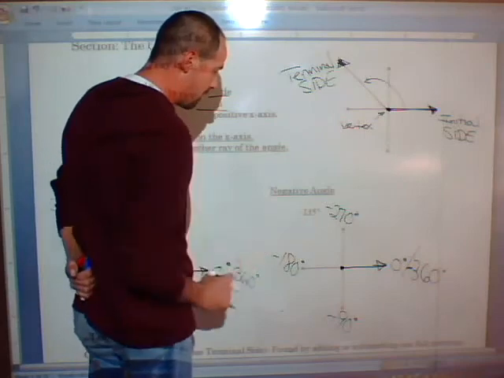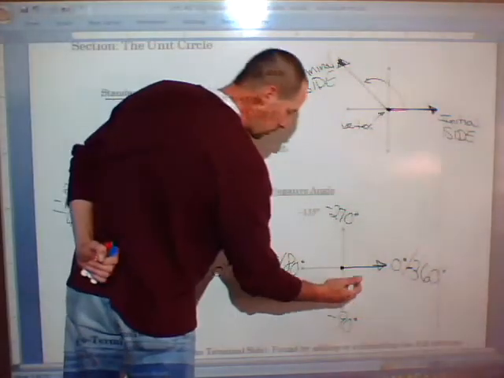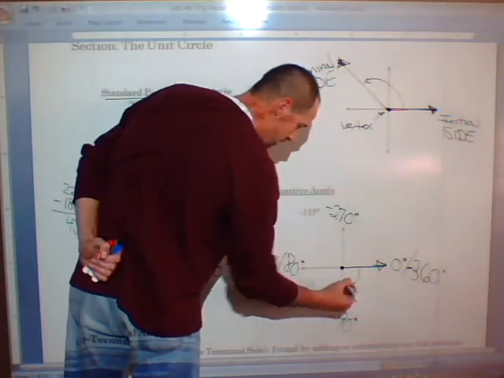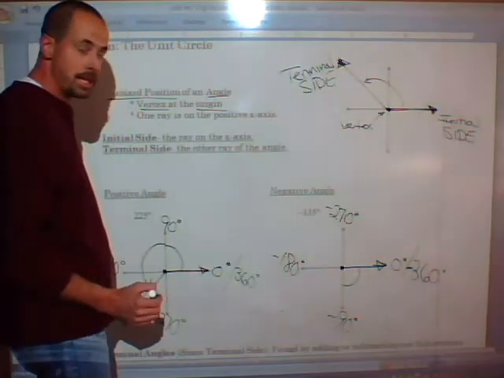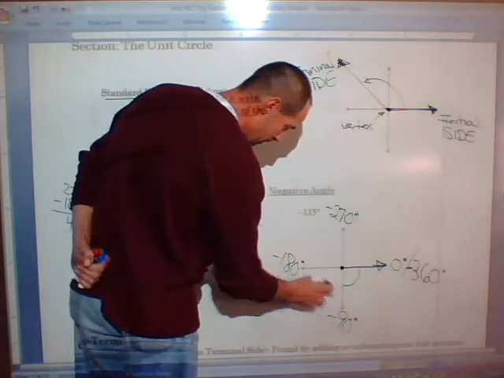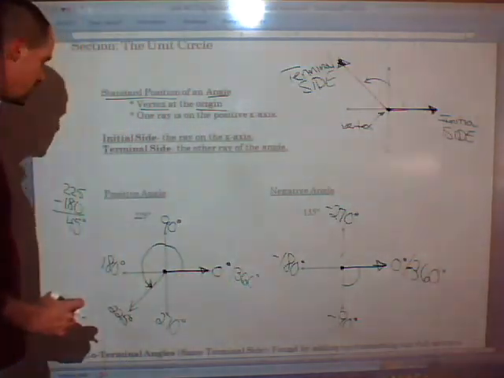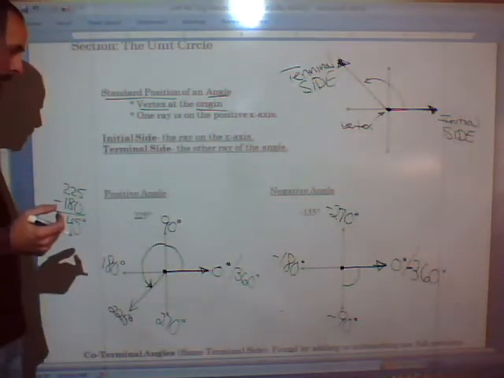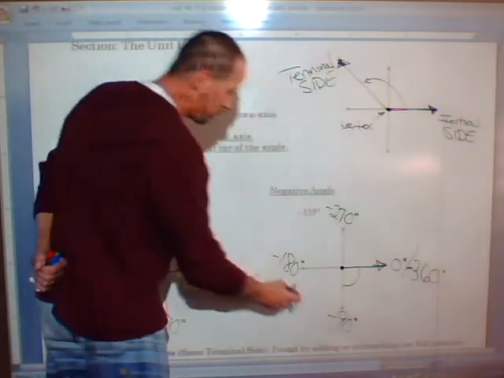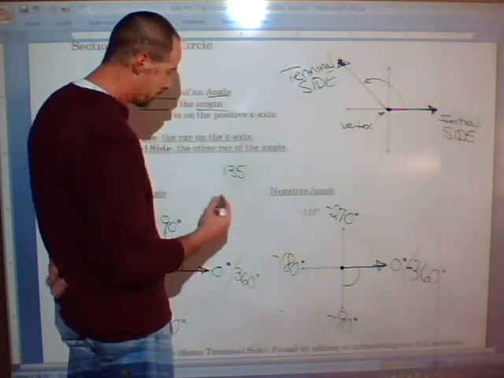On this particular graph, we're trying to graph negative 135 degrees. So we're going to start off, we're going to head towards negative 90, so we're at negative 90. And then we know we're somewhere between negative 180 and negative 90. So let's find out how much further past 90 we are. I'm just going to use positive measurements here.